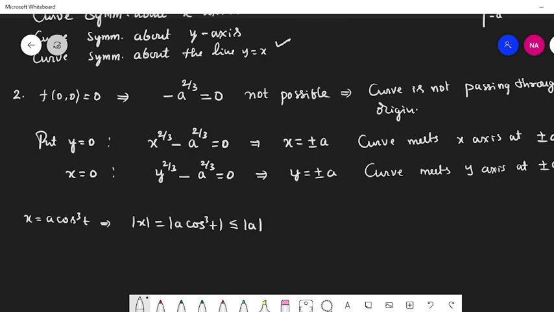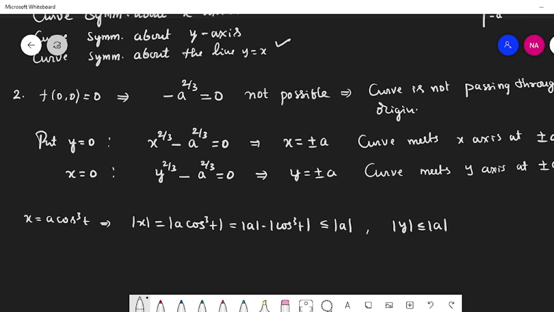Why? It is mod a into modulus of cos cube t, but modulus of cos t is always less than or equal to 1. So it is less than or equal to mod a. Similarly, you can check that modulus of y is also less than or equal to mod a.